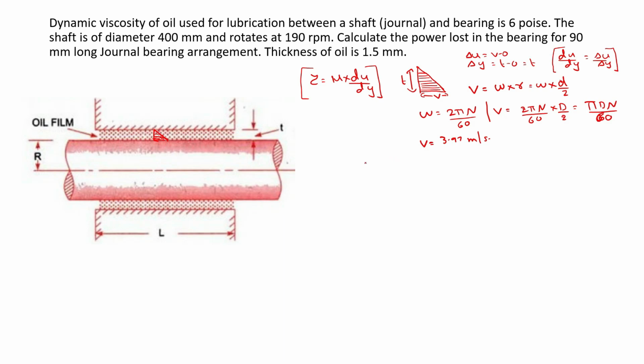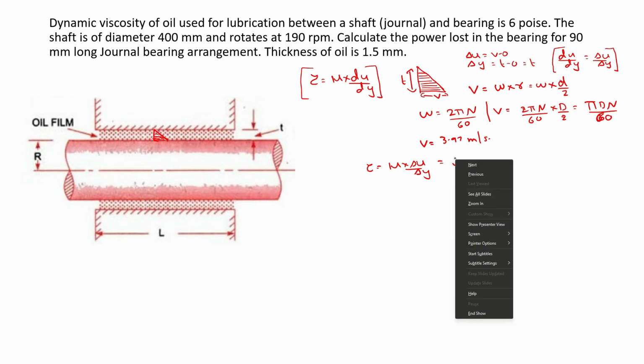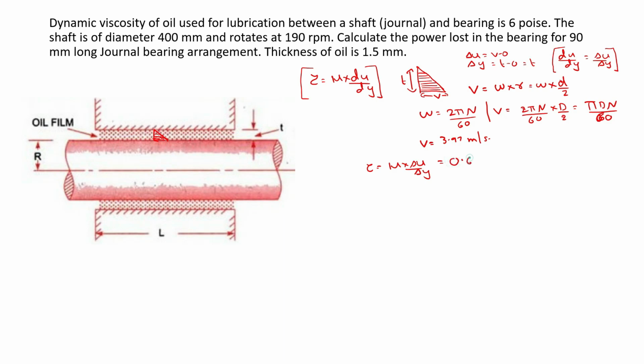So what will be the shear stress? Shear stress will be equal to mu into delta U by delta Y. The dynamic viscosity is given as 6 poise, and if you convert to SI unit, it is 0.6 Newton second per meter square, into delta U by delta Y, that is 3.97 minus 0 by 1.5 into 10 raised to minus 3.